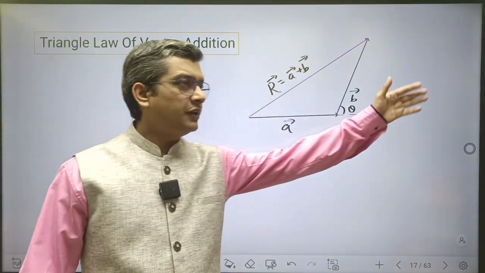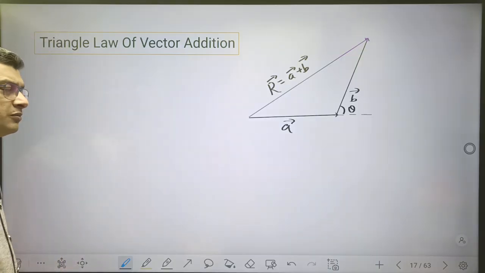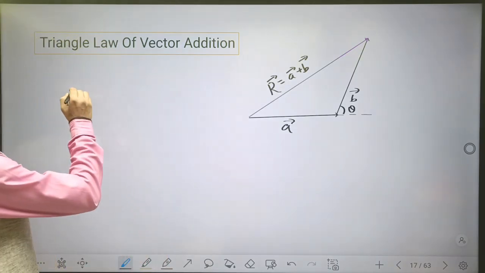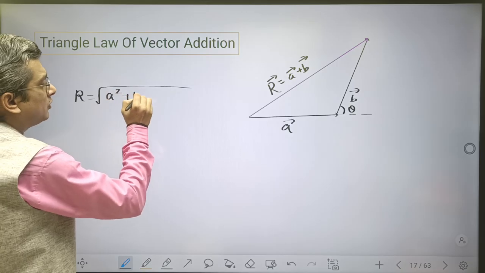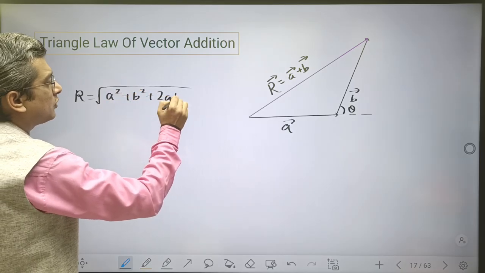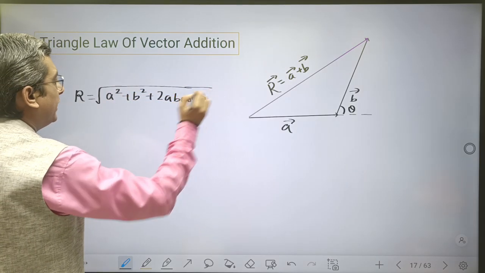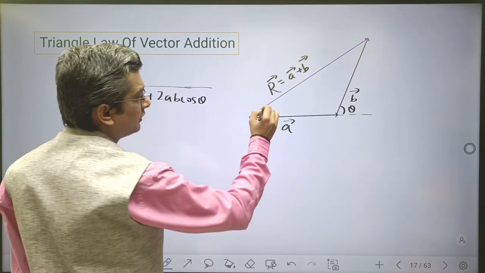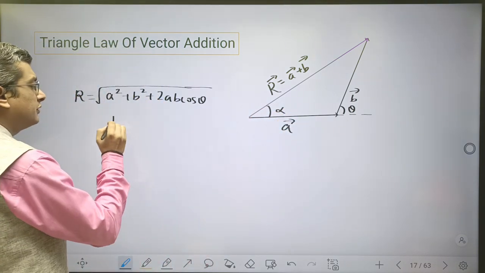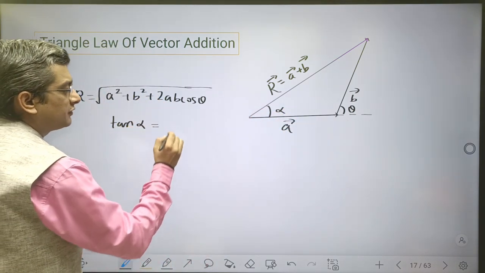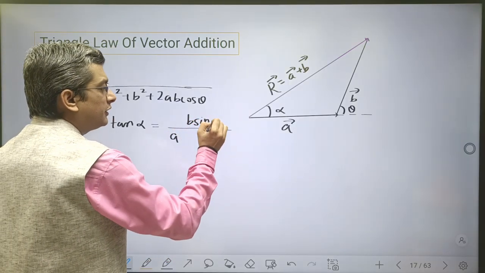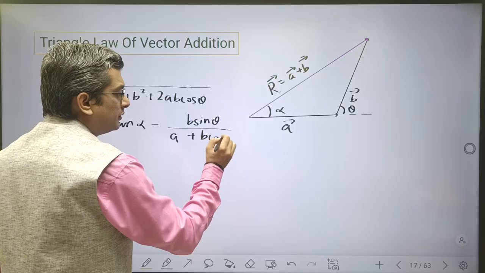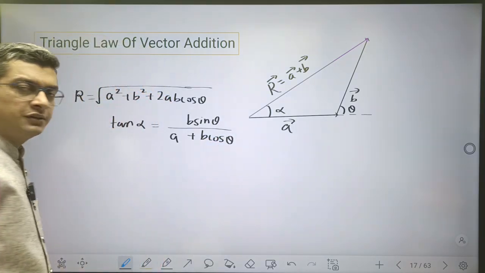Because this is the direction of vector A. So again the formula will be the same. R is equal to the same formula we derived from the parallelogram law, A square plus B square plus 2AB cos theta, and tan alpha. If this is alpha, then tan alpha is given by, since alpha is made by the resultant vector with vector A, B sin theta in the numerator and A plus B cos theta in the denominator, isn't it?